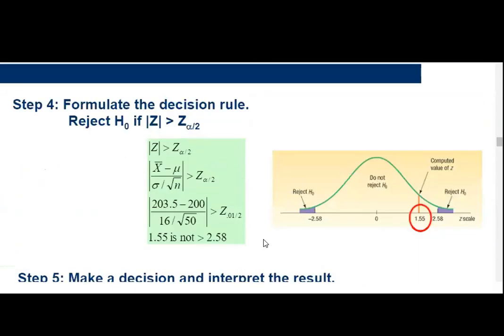So we can always talk about critical value versus Z-stat, but it's much easier to use the p-value. If there is a question about how to use JMP on that, I will get there.